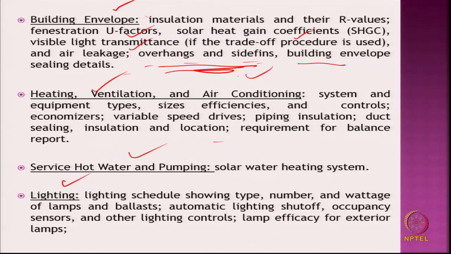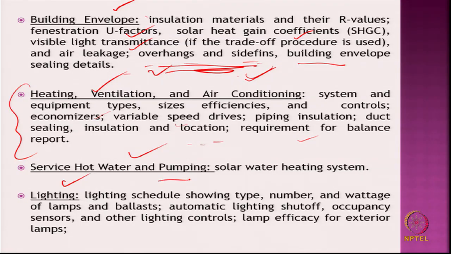HVAC size and system, because there are improved systems now available and possibly they will get improved further. Efficiencies and controls, kinds of economizers, variable speed drives, piping insulation, etc. We will not look into this much, but we will look into the code provisions related to most of it.